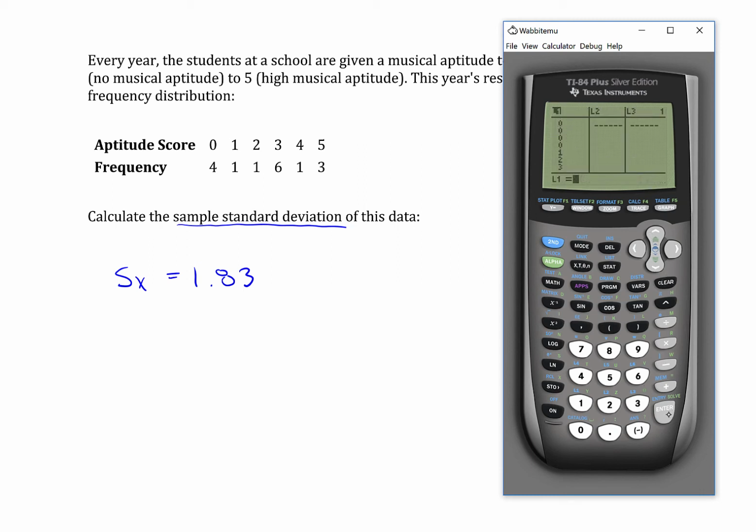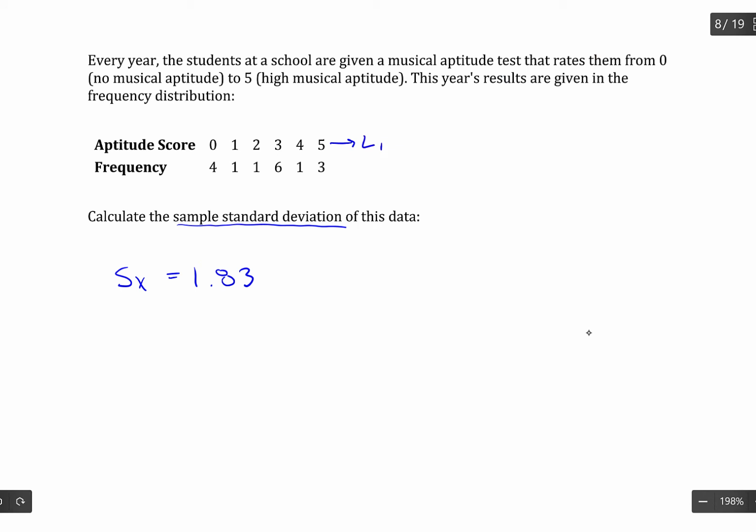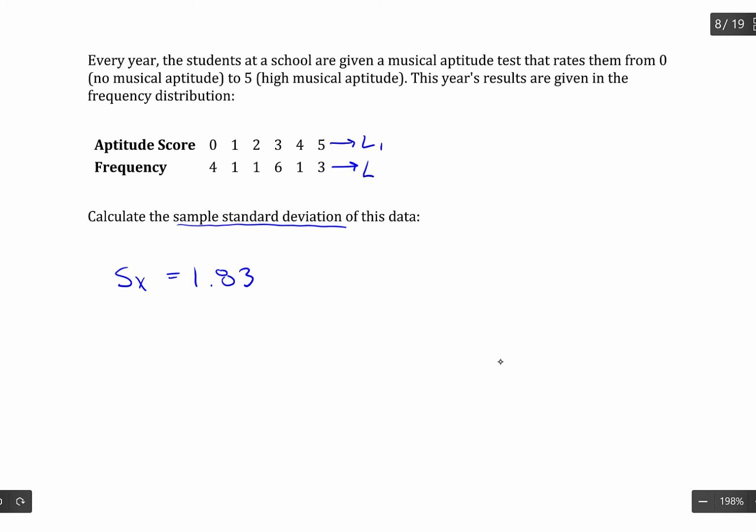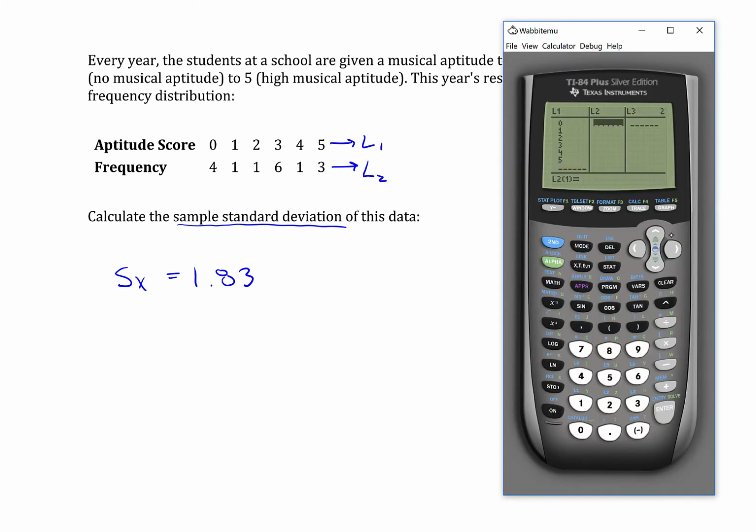What we're going to do, however, to take advantage of them, is in L1, we put the individual outputs: 0, 1, 2, 3, 4, and 5. In L2, we're going to put the frequencies for which those occur.